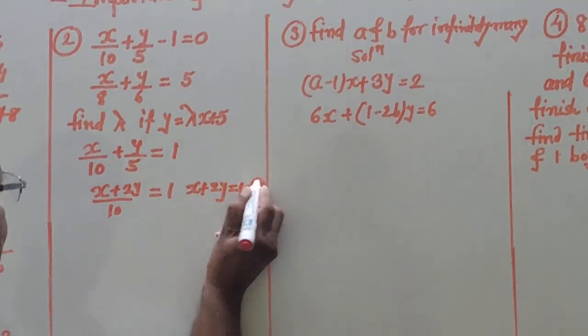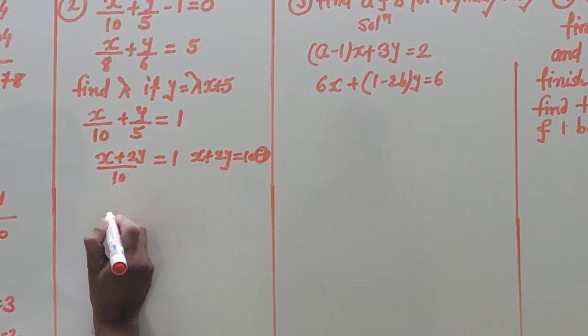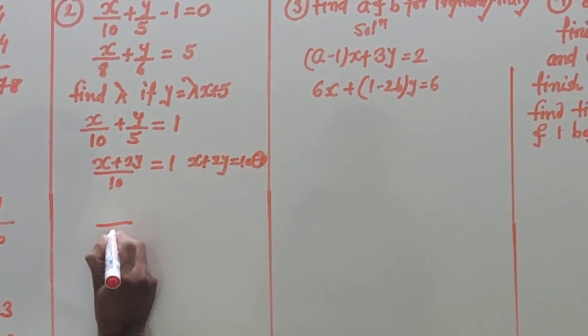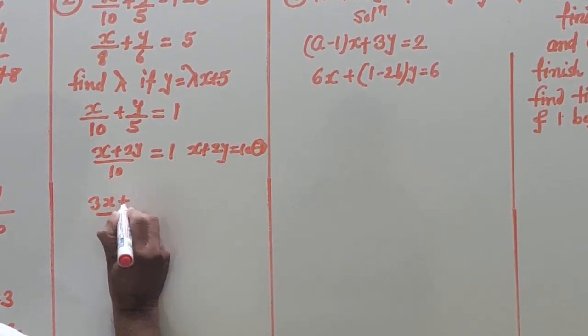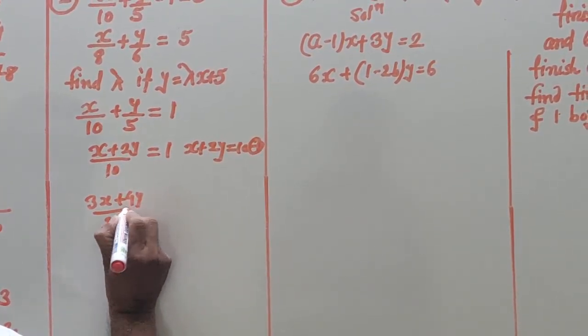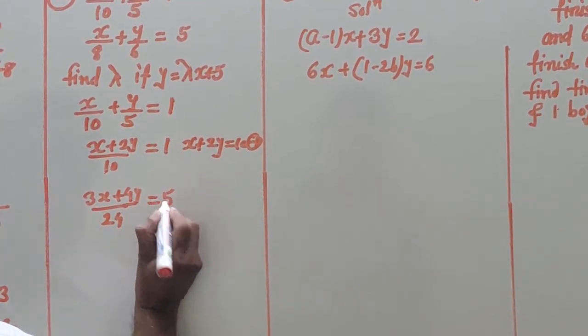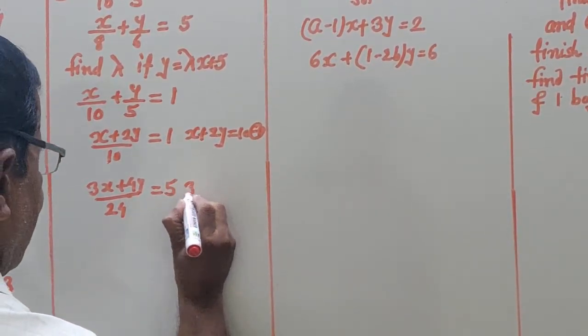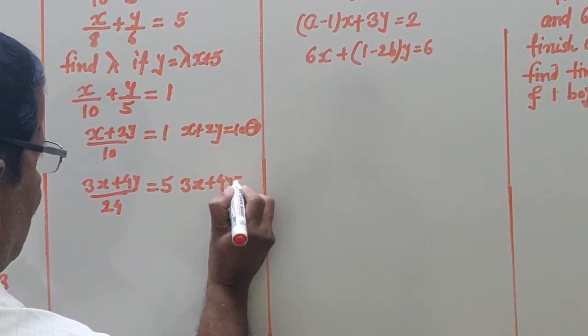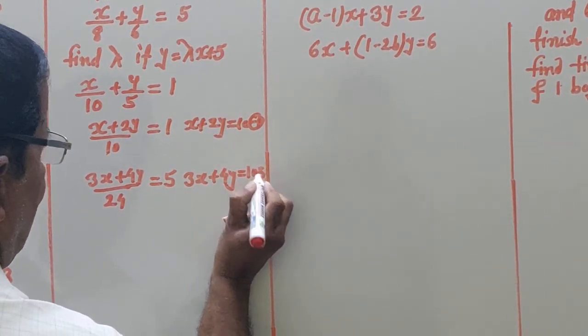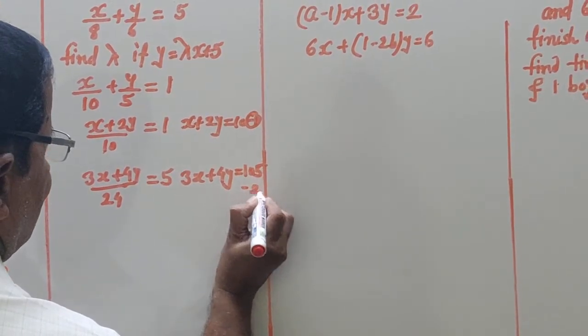This is my first equation. Now in the second equation my LCM will be 24. 8 3s are 24 means 3x, 6 4s are 24 means 4y is equal to 5. Now what will come here? 3x plus 4y is equal to 120. 24 into 5 is 120.